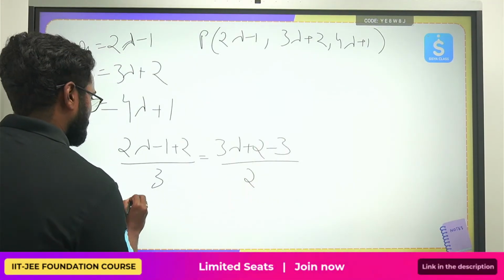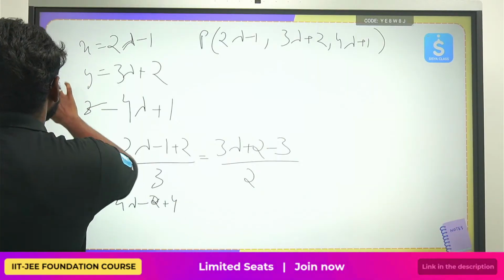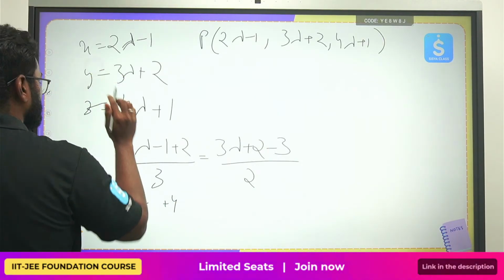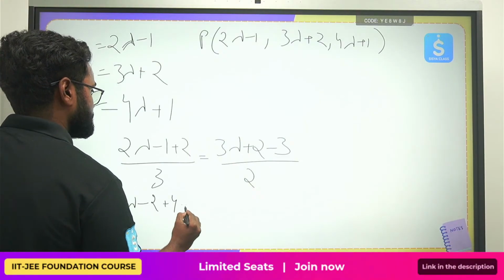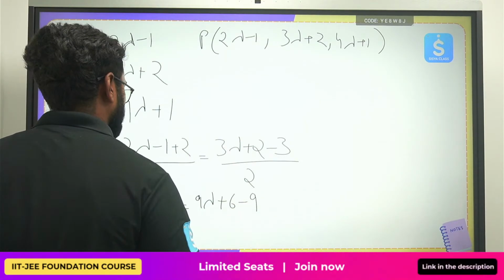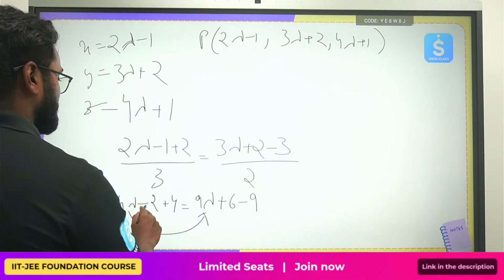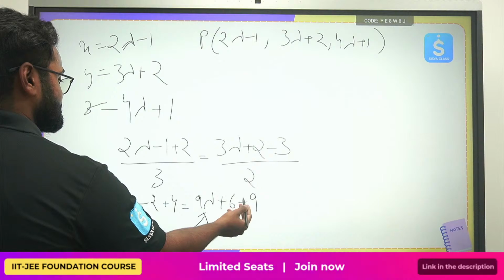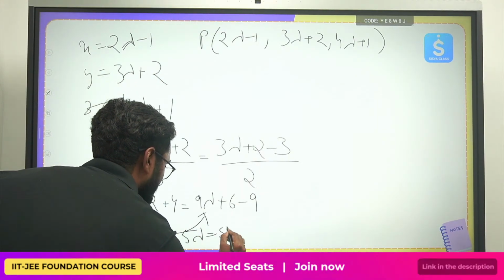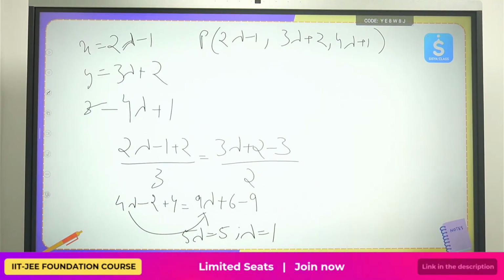It will be 4 sigma minus 2 plus 4 is equal to 9 sigma plus 6 minus 9. If you take it to the other side, it will be 5 sigma is equal to 5. So my sigma is equal to 1.